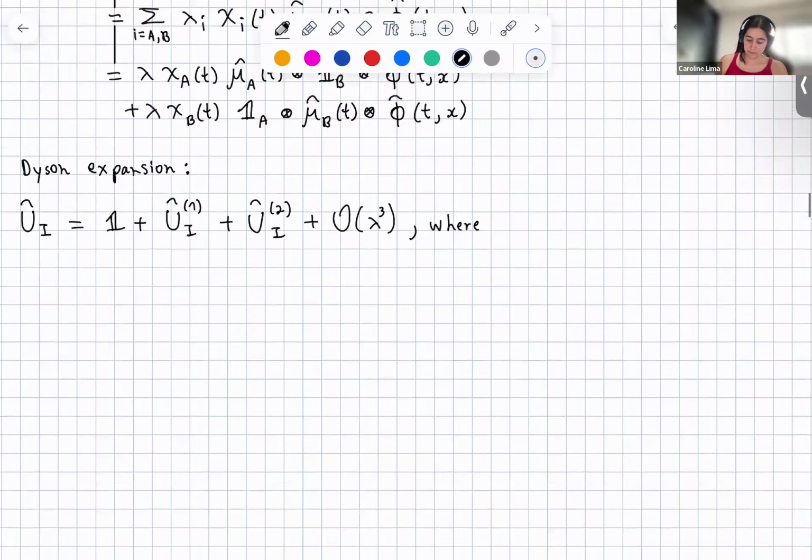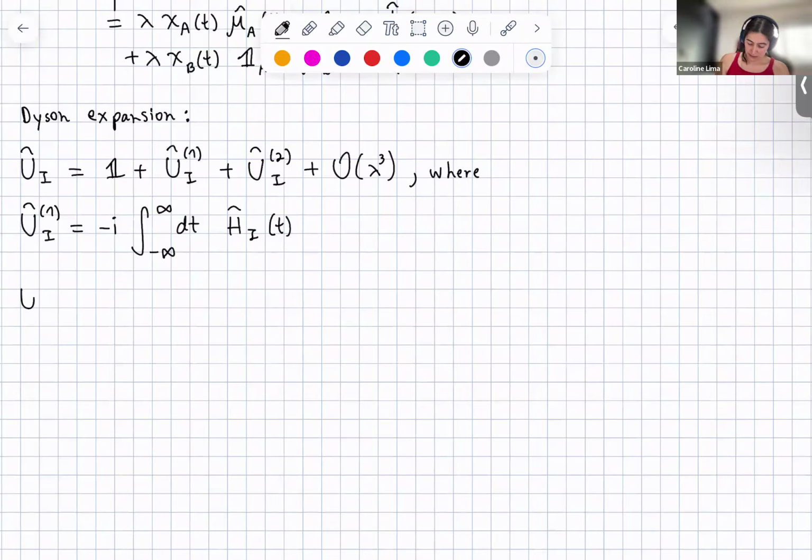So the first order was given by minus i integral from minus infinity to infinity of dt of the Hamiltonian. We saw this on Tuesday, remember?